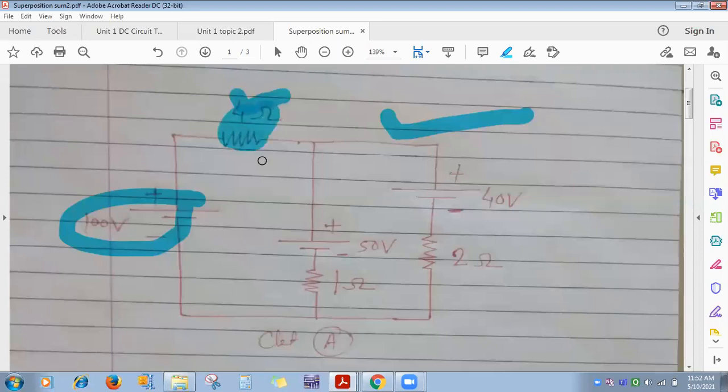We are using Ohm's law here. What is the Ohm's law equation? V is equal to IR. Whenever we use Ohm's law, which parameter do we assume constant? Temperature. Whenever I use the equation V equals IR, I assume temperature as constant.